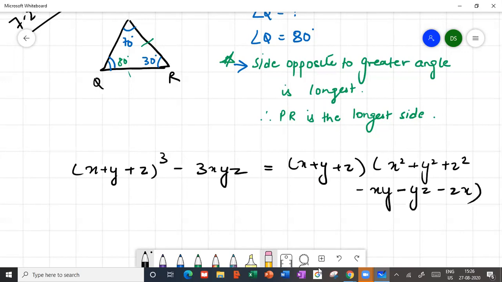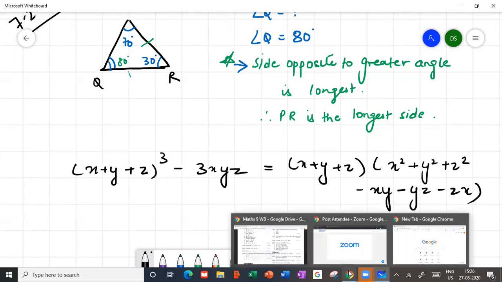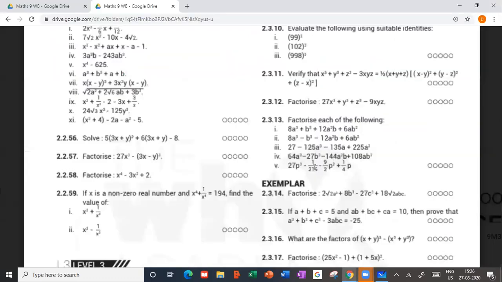Okay. So in this question we have to take RHS or LHS and make it equal, right? Yes. So work with the LHS.